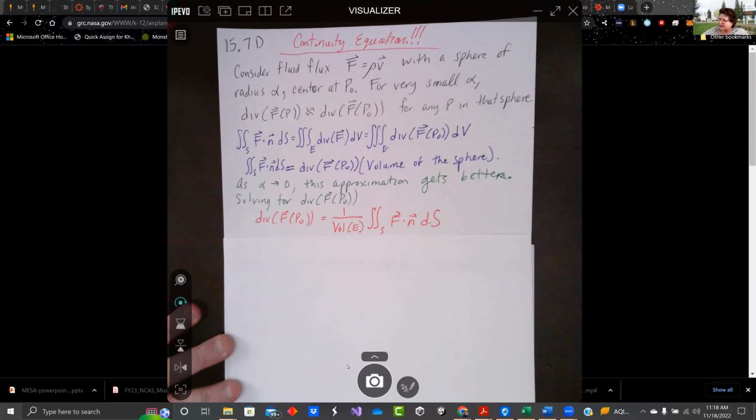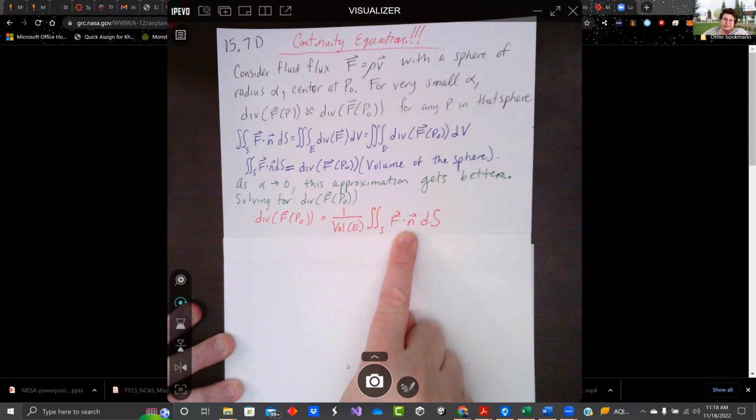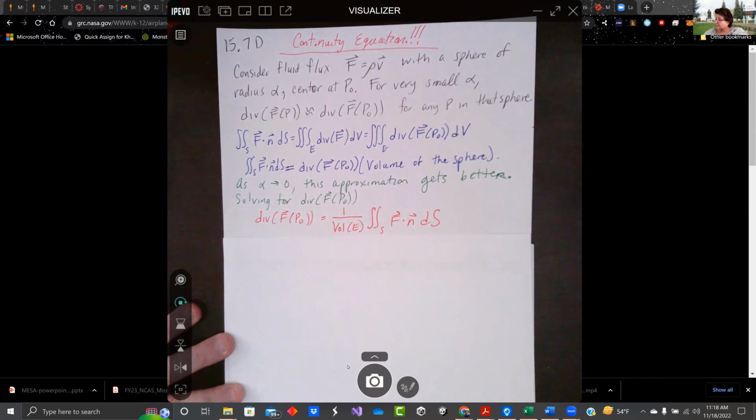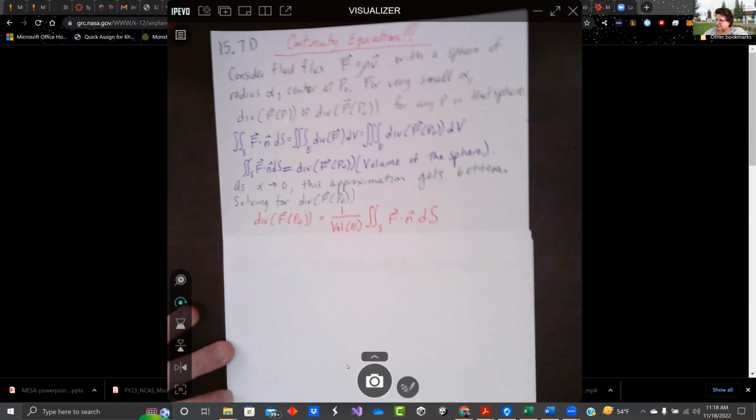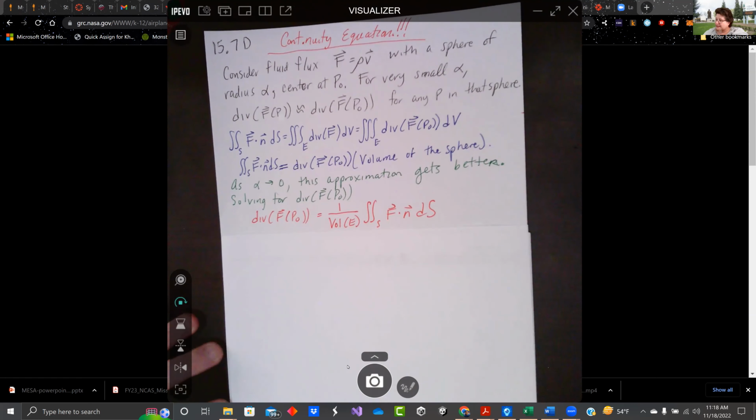I wrote divided by the volume as 1 over the volume up front. The divergence at the point is the flux, the surface integral, divided by the volume. And that's as alpha goes to 0, so at any point inside there, it doesn't matter.